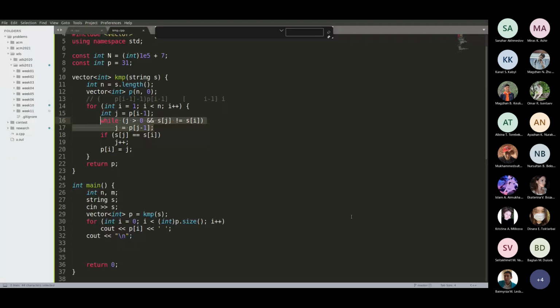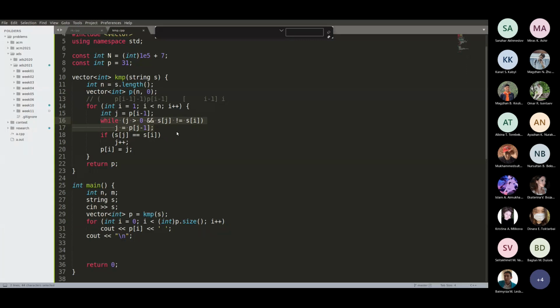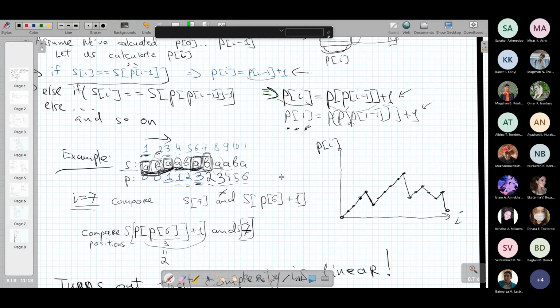So the number of jumps here is actually the number of down steps. Down steps are jumps, the number of iterations of the while loop.